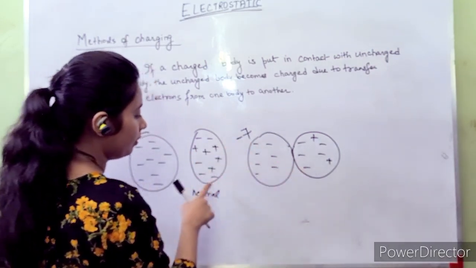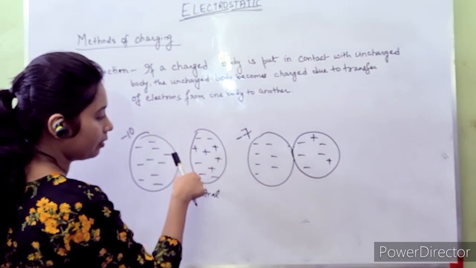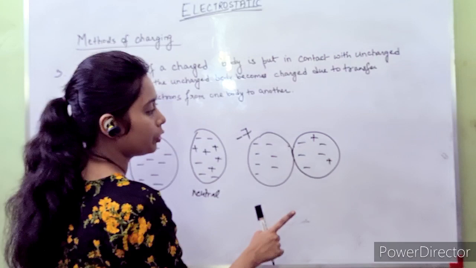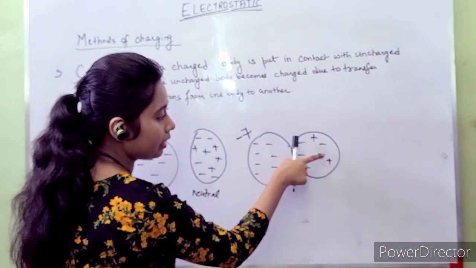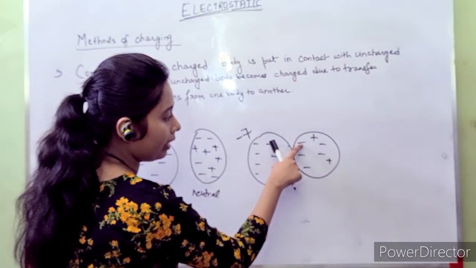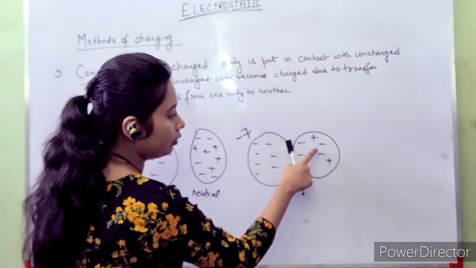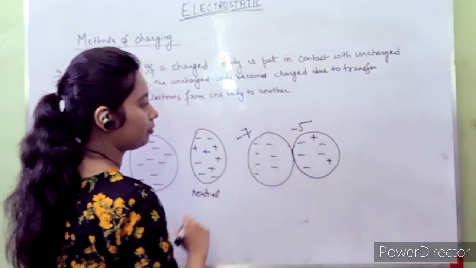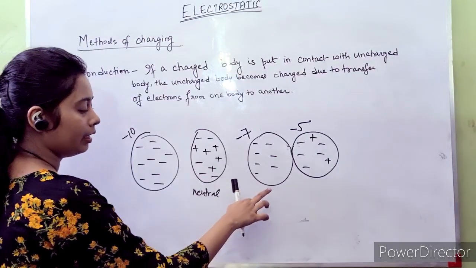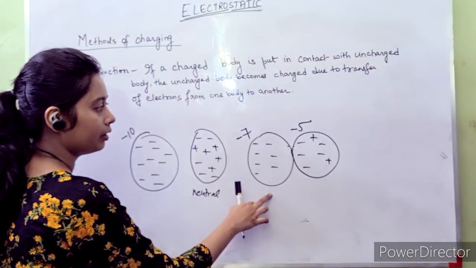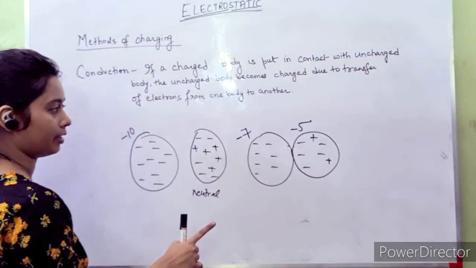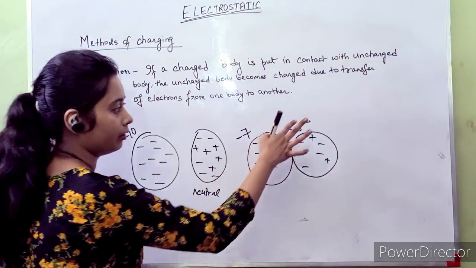And here, previously this body was neutral, now it has got some charge. Here plus is 2, while the negative charge is 1, 2, 3, 4, 5. That means in case of conduction, there is redistribution of charges.